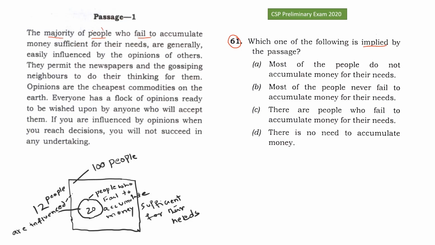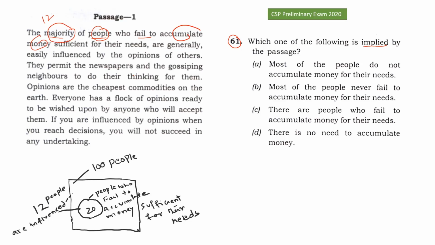Now, what are the keywords here? In the first sentence, you have people, accumulate money, right? And you have majority. So this majority is important for me. And as per my diagram, the majority are 12. You can give any number you want.